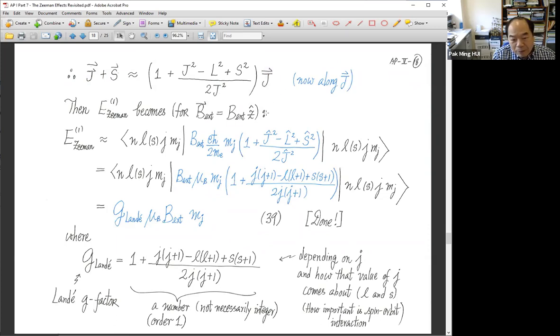As discussed before, the external field, then we will pick up J_z. J_z will look for this number and return M_J h bar as eigenvalue. Thereby, we pick up the Bohr magneton as it should be.